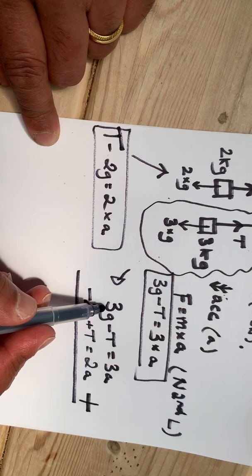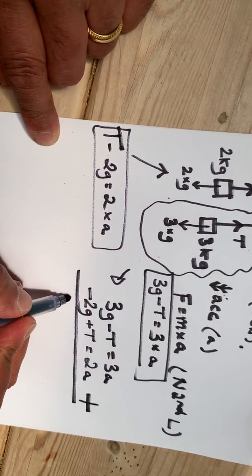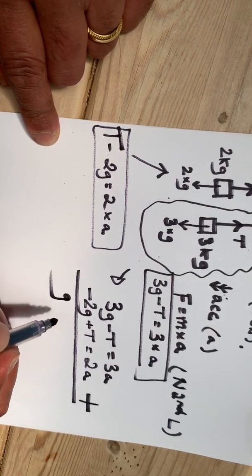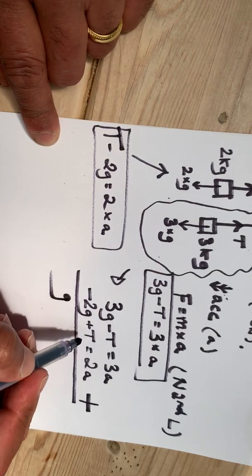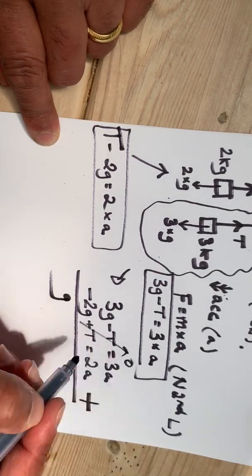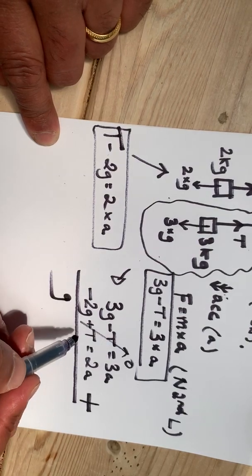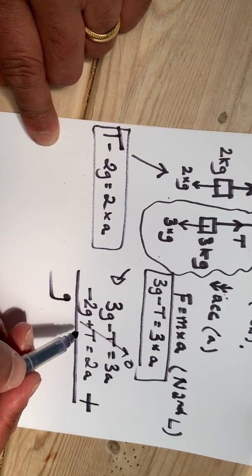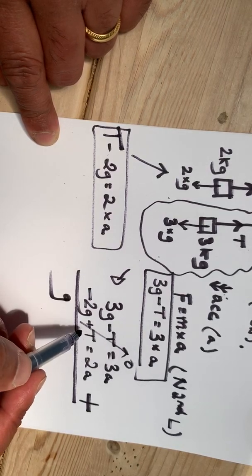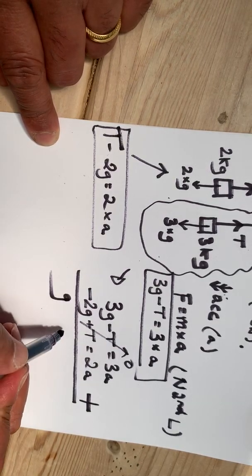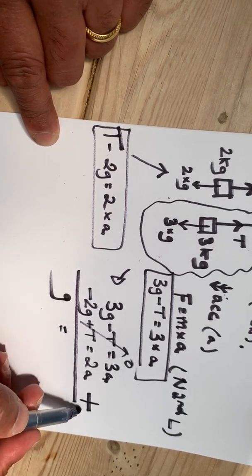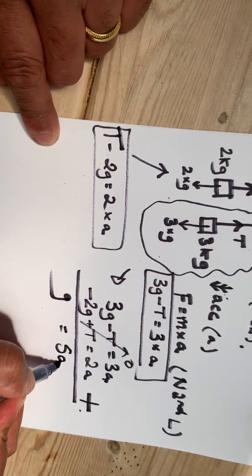By adding, 3g add minus 2g becomes g. But when you add minus T plus T together, these become 0, because the size of the tension is the same, but one's minus and one's positive. When you add them together, they cancel each other out.